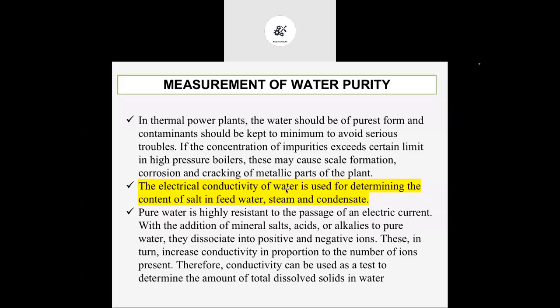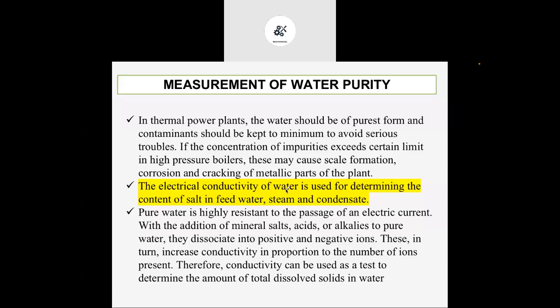Now, how are we going to use this? We know pure water is highly resistant to electric current. Whenever we take pure H2O and try to pass an electric current through it, it doesn't pass.